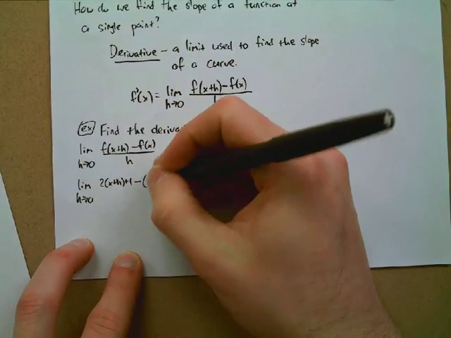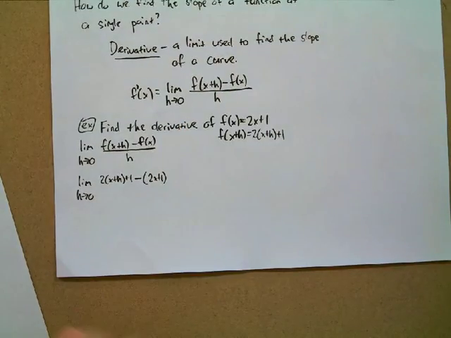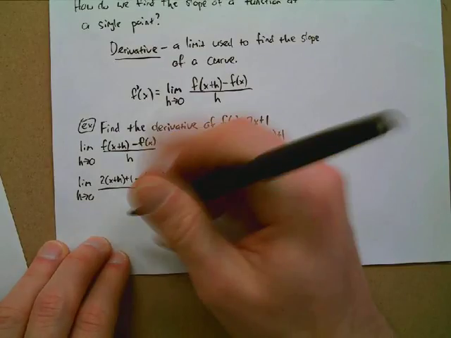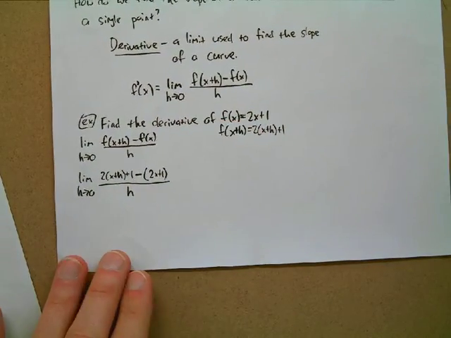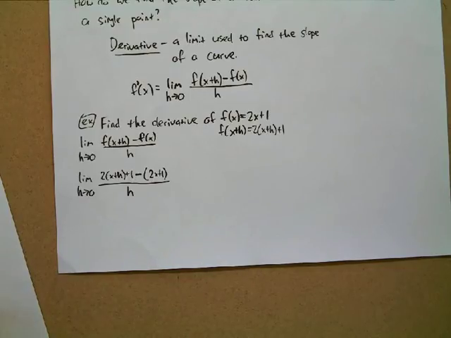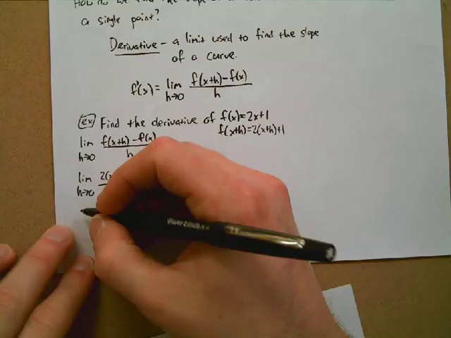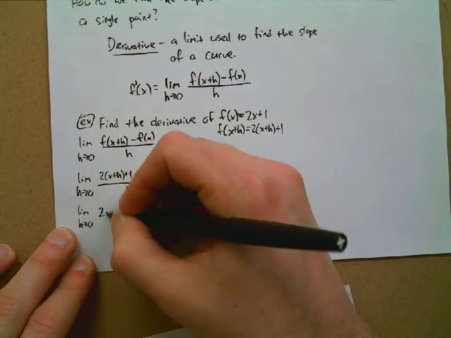And then all over h. Any questions on just that substitution there? We good? Okay, so now we just simplify. The 2 would distribute, making it 2x plus 2h plus 1, and then we'll distribute the minus sign as well. Minus 2x minus 1, all over h.